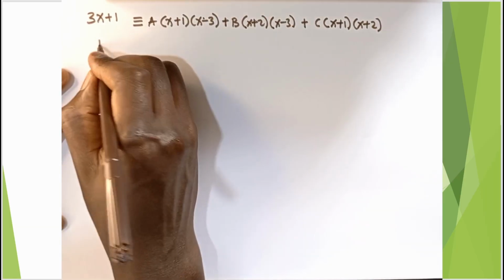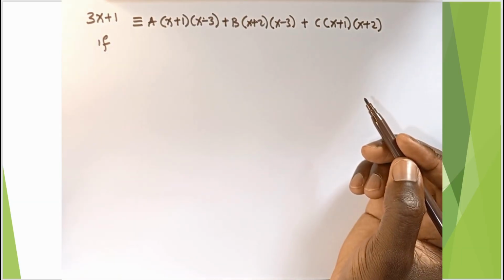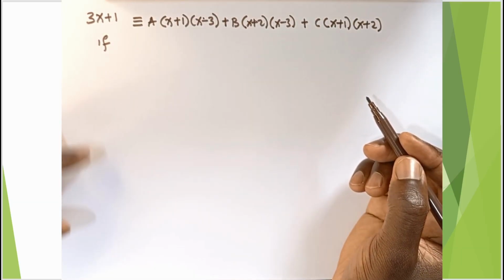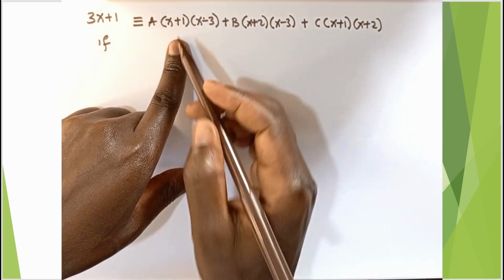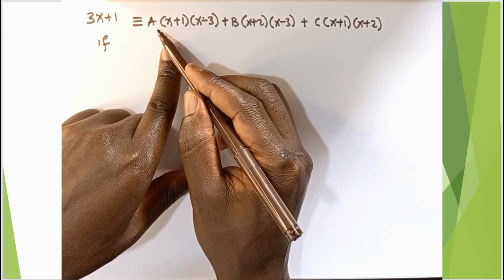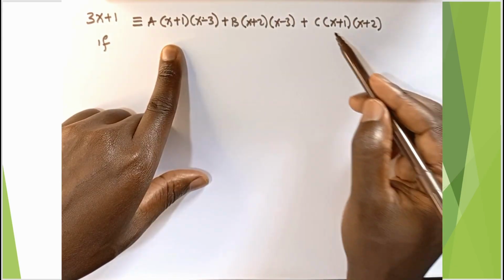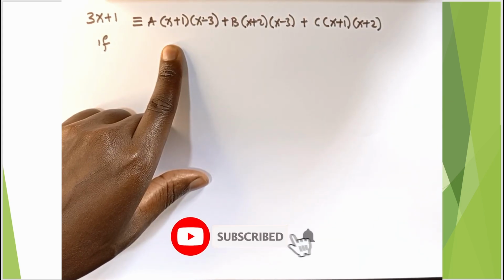Now we let a value of x that can make others zeros and leave us with one unknown. For example, if I want to eliminate A, I make x equal to -1 such that A becomes 0 and also C becomes 0. So I remain with B.